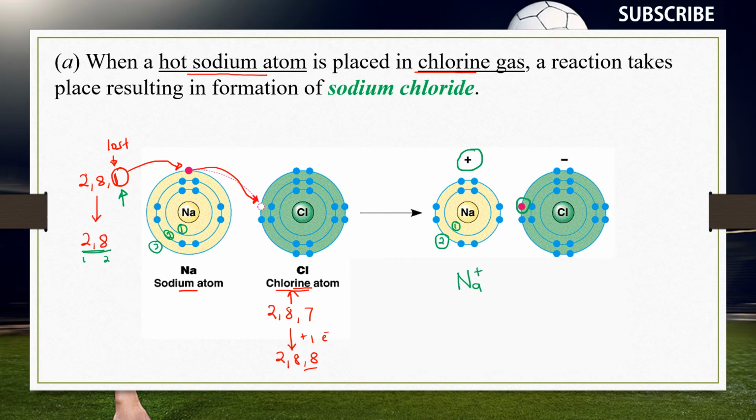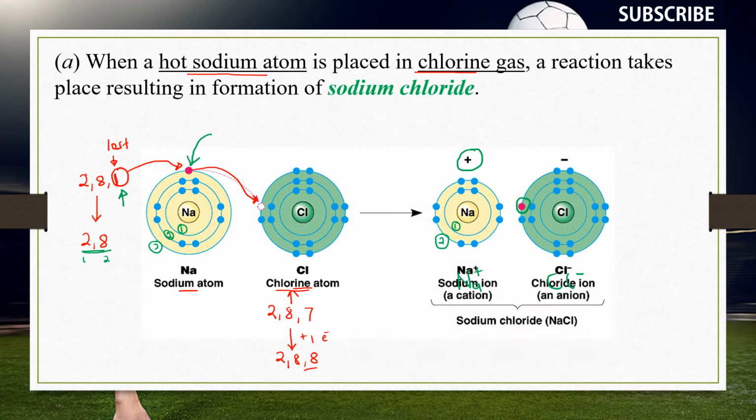while our chlorine also gained an extra electron. As you can see, it's red. It's the one that came from this sodium atom. So our chlorine atom will now become a chloride ion, Cl-, because it will have more electrons than protons, as we had seen in one of our previous videos on how we form ions from atoms.